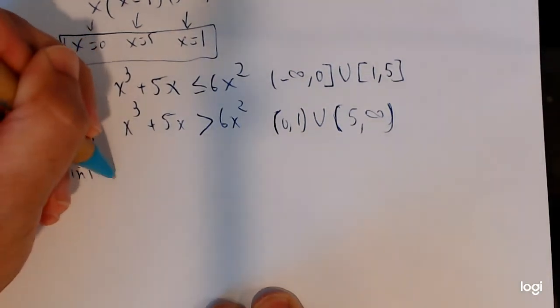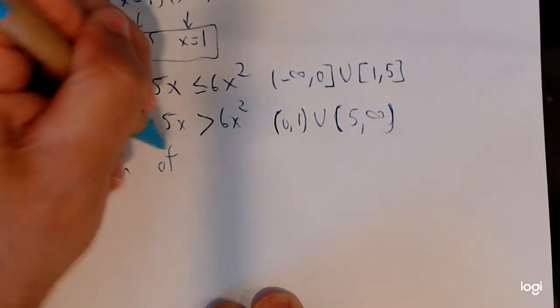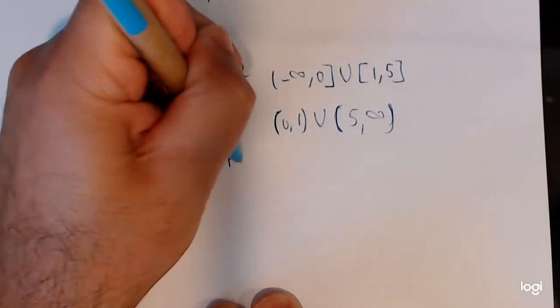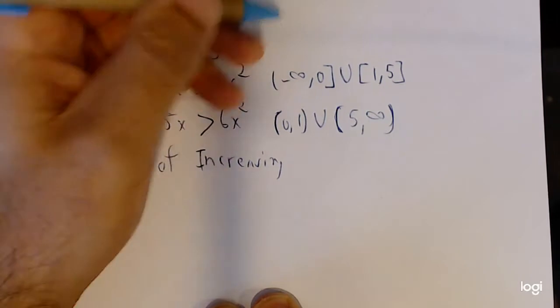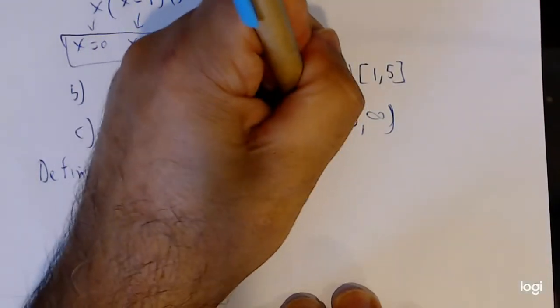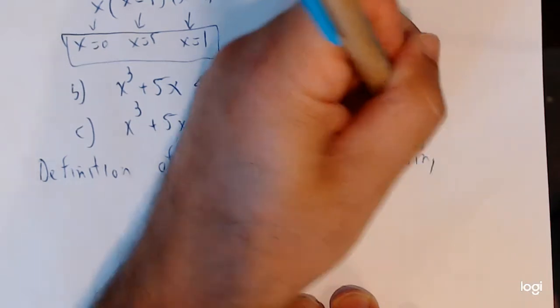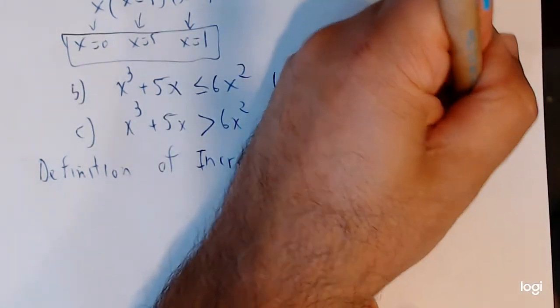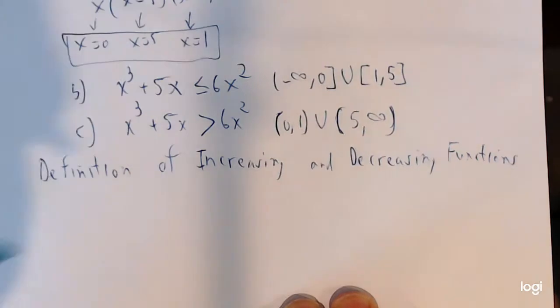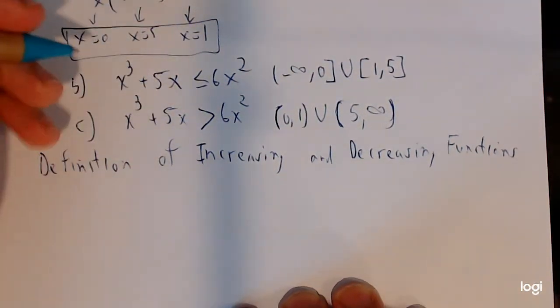So the definition of increasing and decreasing functions. So how do we know if a function is increasing?